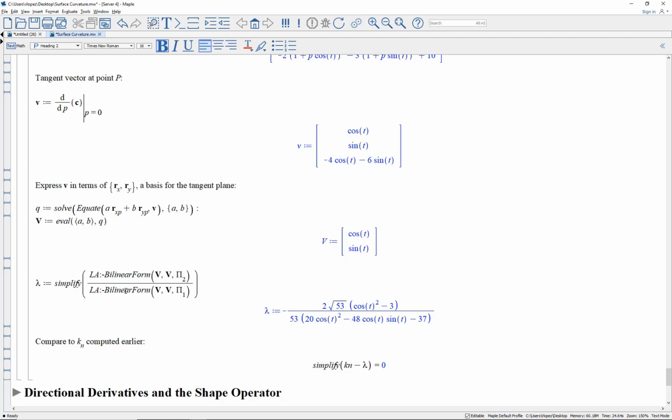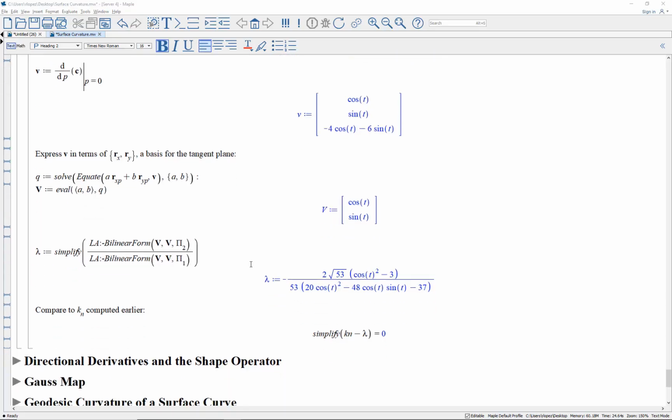I make this ratio, do a simplify, and I get this expression lambda. It looks very familiar. I compare it to the kn that I computed earlier. The difference between them is 0. This does work, but the secret here was to realize that you have to express this tangent vector not as a vector in space, but as a vector in the tangent plane.